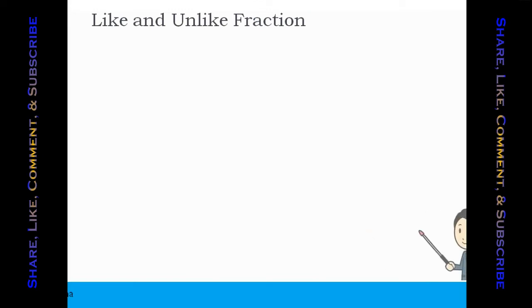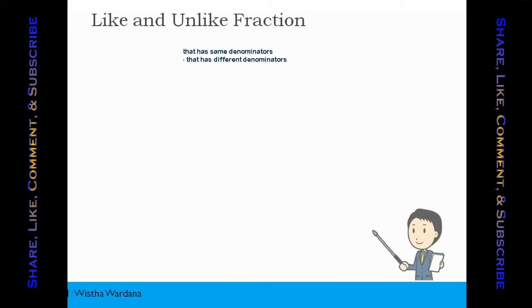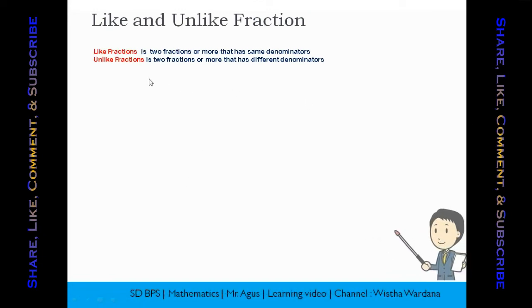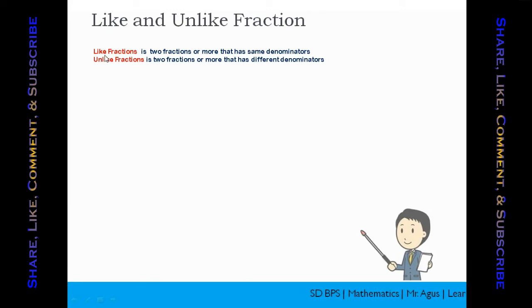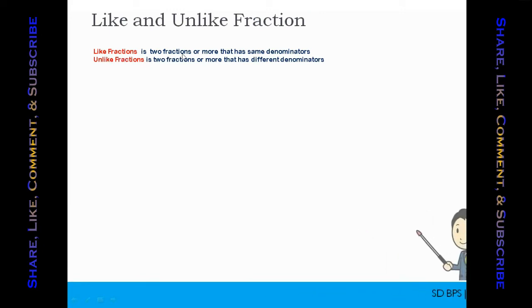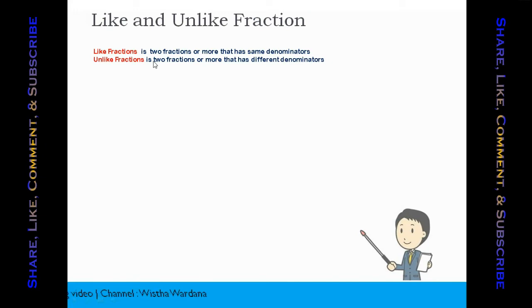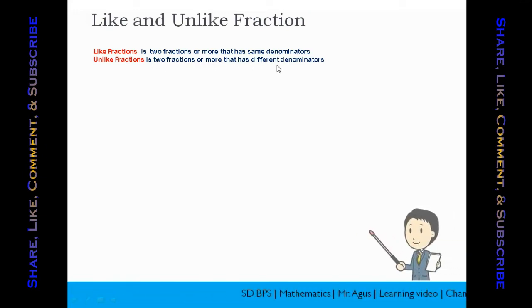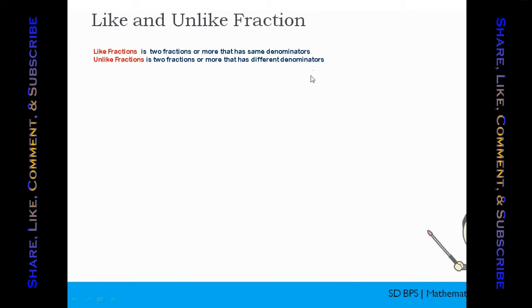The first one we call like fraction, and the second one we call unlike fraction. Like fraction is two fraction or more that has same denominator. Unlike fraction is two fraction or more that has different denominators.